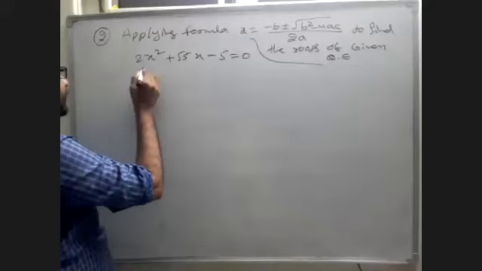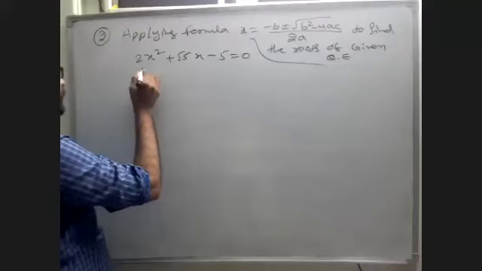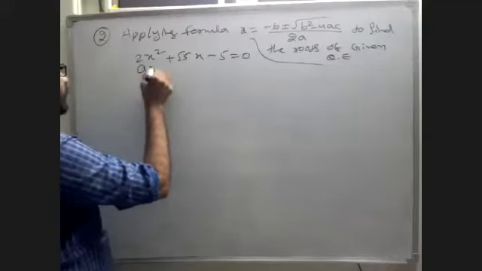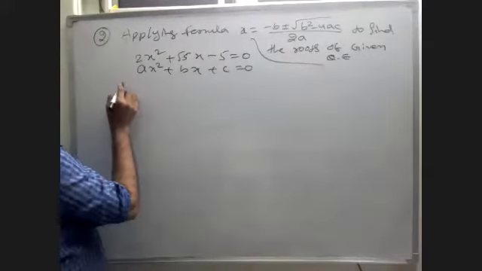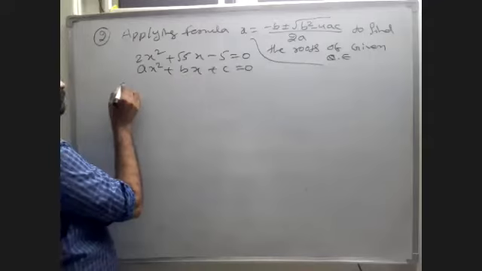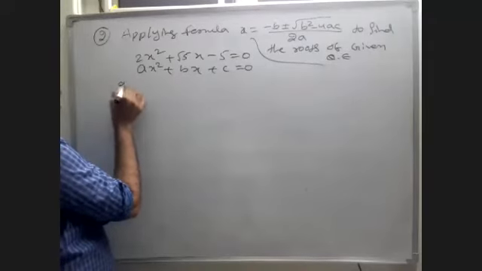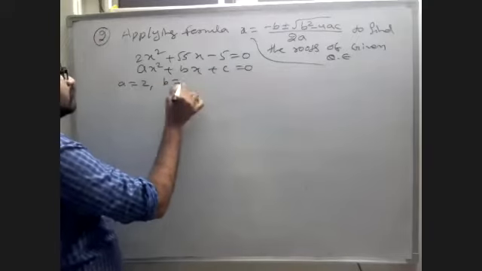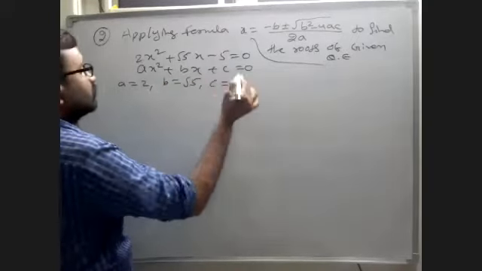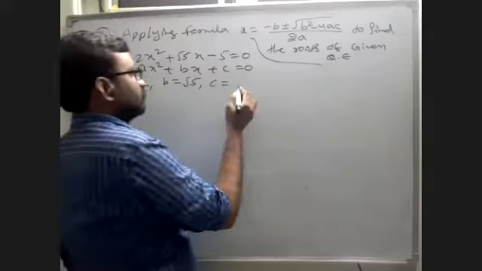Tell me. Sir, ax square plus bx plus c is equal to 0. Tell me values of A, B, C. A is equal to 2, sir. B is equal to root 5. C is equal to minus 5.